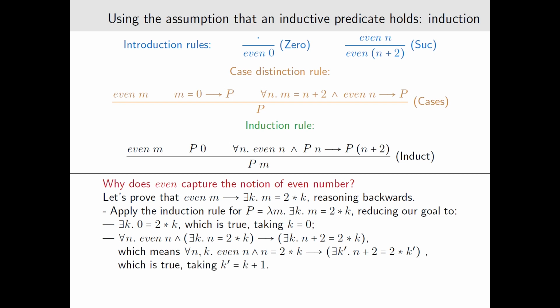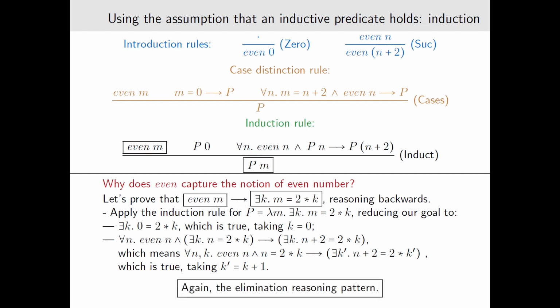By processing the inductive case, we easily see the witness that we need in order to discharge this goal. And of course, this is another case where automation proves this fully automatically. So both the cases and the induction introduce the elimination reasoning pattern.